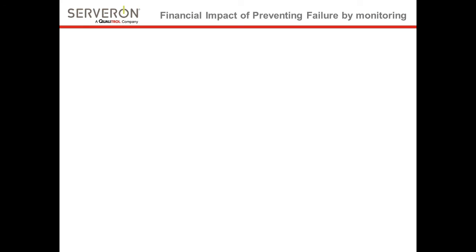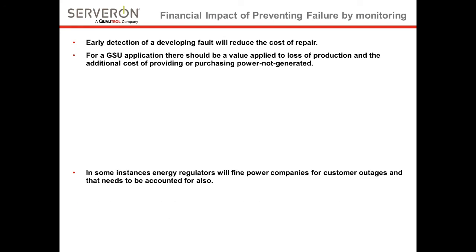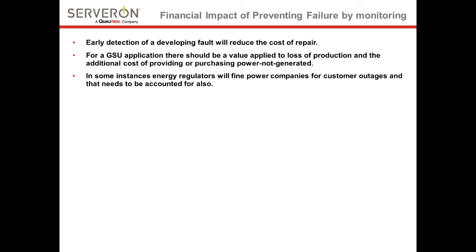So there were two basic examples, but just to remind ourselves of the list of financial impacts that we mentioned earlier, so that we can see the extent of the benefits that might be achieved. Early detection of developing faults to reduce the cost of repair, we've shown that. For GSU applications, there may be loss of production. We didn't go through a calculation for that, but it's a real cost. In some instances, energy regulators will impose fines, and they can be punishingly expensive fines.